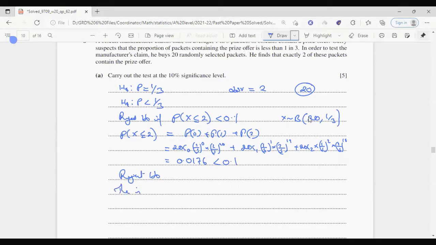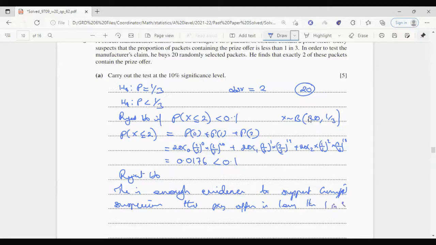There is enough evidence to support the jury's suspicion that the prize offer is less than 1 in 3.